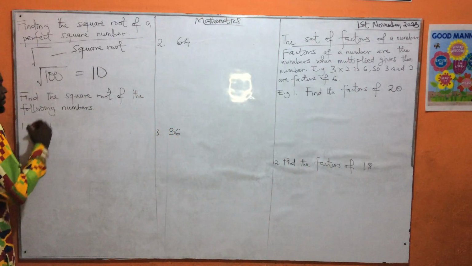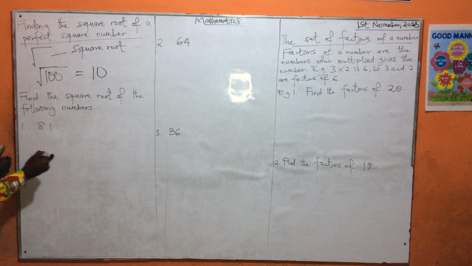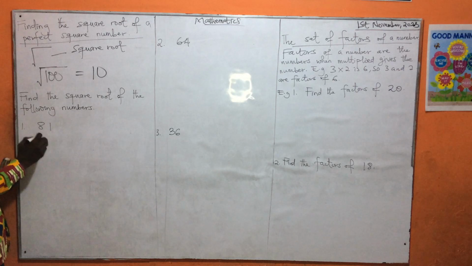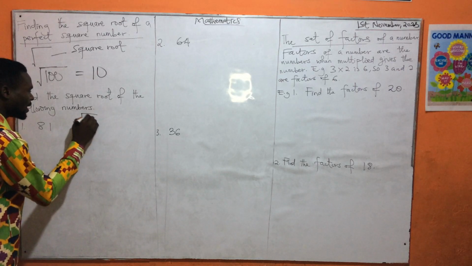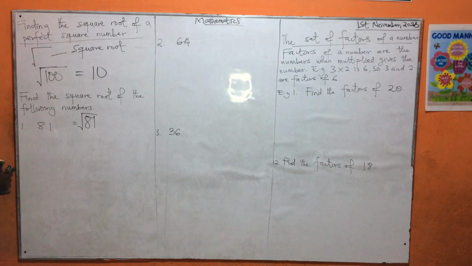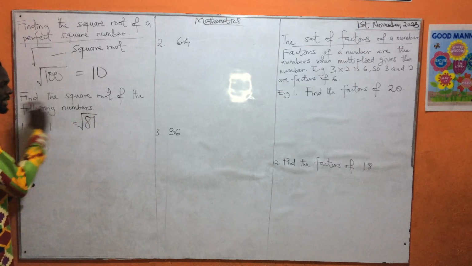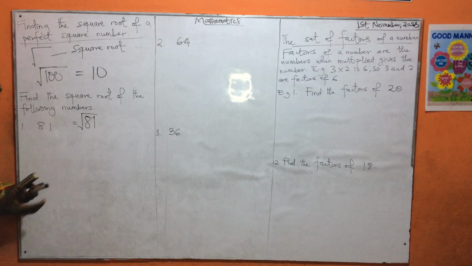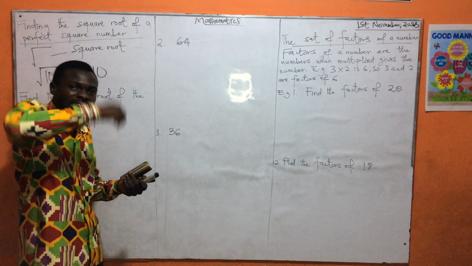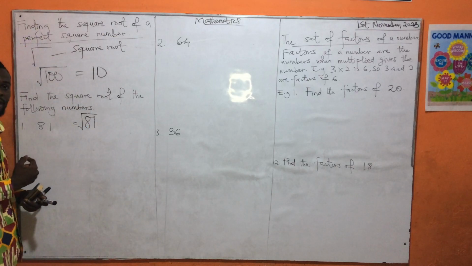So now, if I am to find the square root of 81, finding the square root of 81 is asking me to find the integer that can be multiplied by itself to get 81. So what number times itself will give us 81?